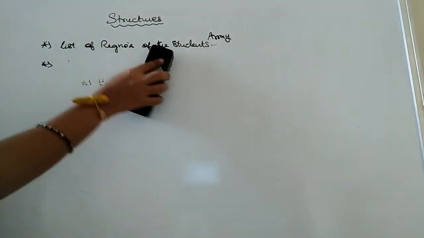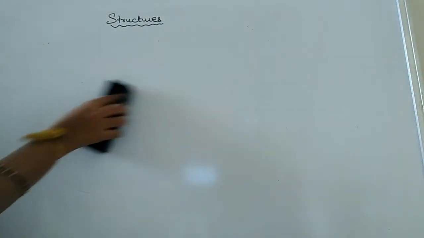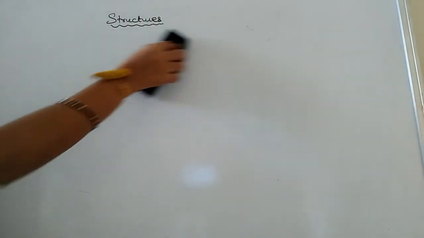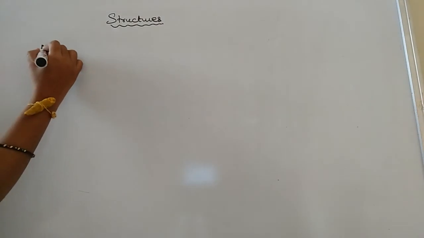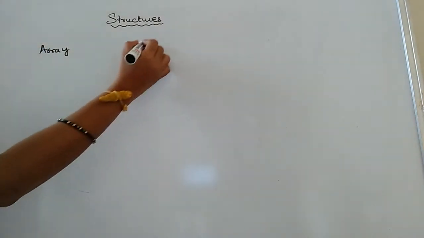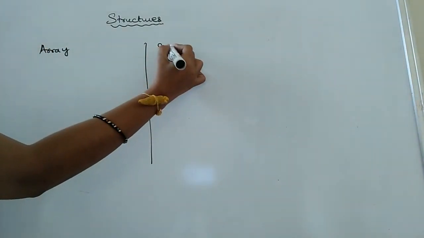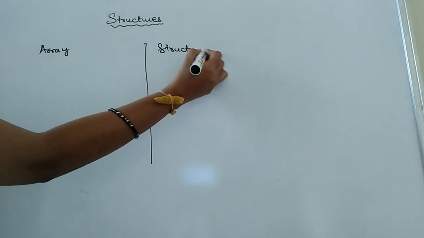Heterogeneous data means we can store all types of data. Now the difference between an array and a structure: we can write array here and structure here.